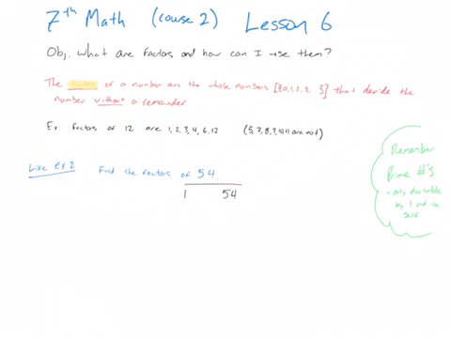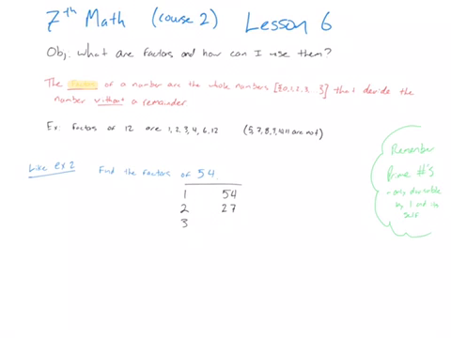Now I'm going to go up on the left here and think of the next number up. The next number up from 1 is obviously 2. 2 times what gives me 54? 27. The next number up from 2 would be 3. 3 times what gives me 54?